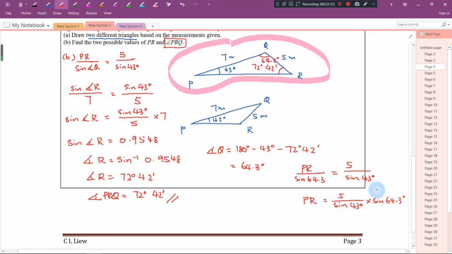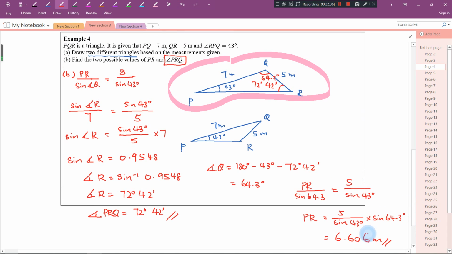Just press our calculator: 5 over sine 43 times sine 64.3. So the answer is 6.606 meters. This is the answer for this triangle.